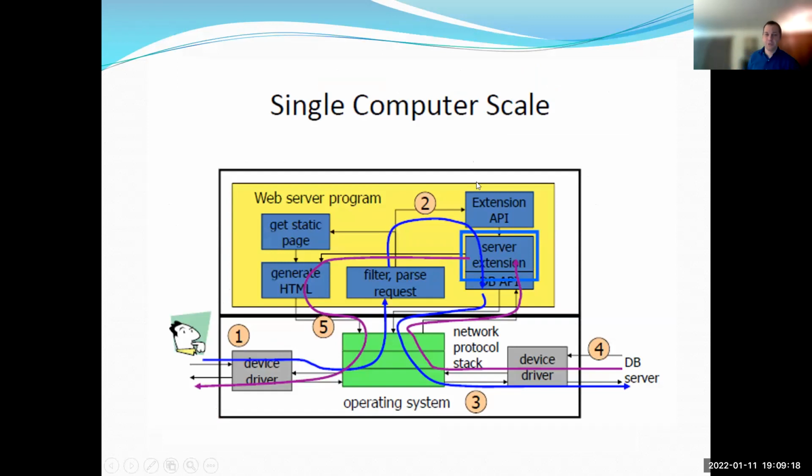We can also have a single computer scale, and what that means is, from the point of view of the network, you're just worried about packets on one single host machine. So in the single computer scale, we have the operating system, and the operating system then has device drivers, etc., that allow it to connect to the network.